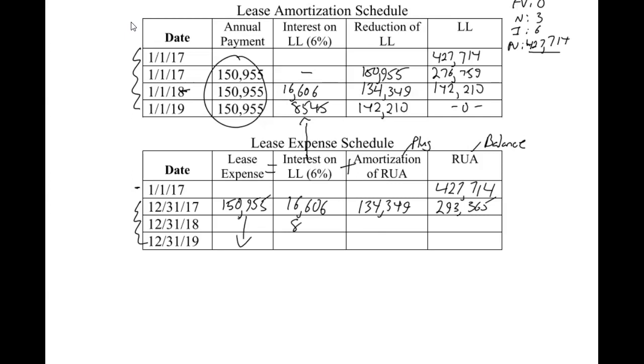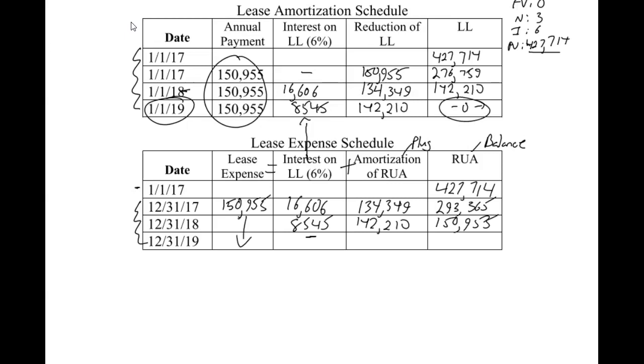All right, we'll do that again. We're pulling the 85.45 number down, and then that would make this 142,210, bringing this down to 150,955. And then remember, in our last period there's no interest for that last year, because we're going to make our last payment at the beginning of 2019, which means my lease liability here is 0 at the beginning.